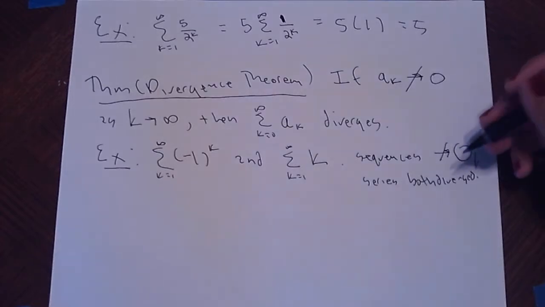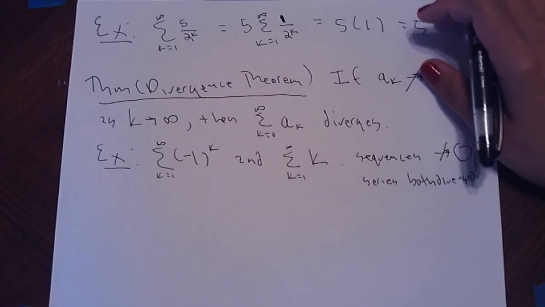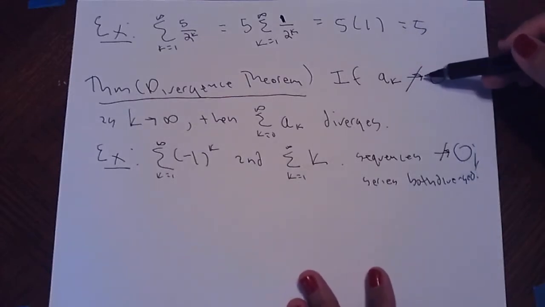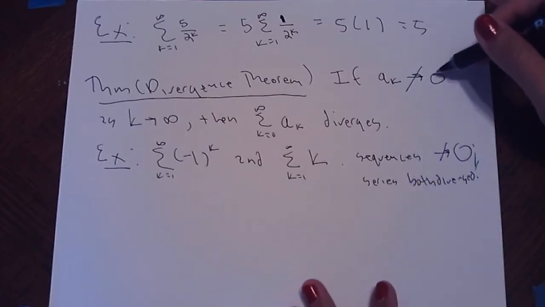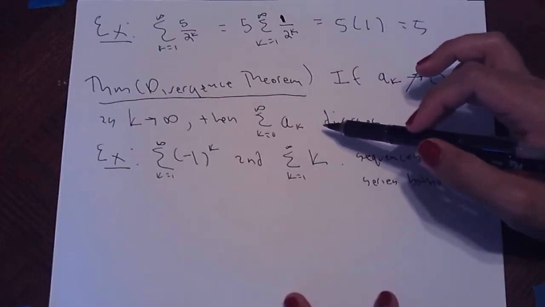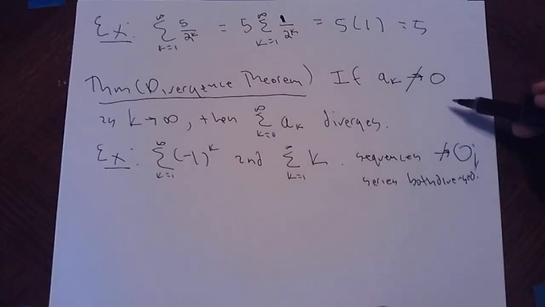And I'll give you a little bit of warning here. If I know that my sequence, so not the sum of the list of terms, just the list itself, doesn't go to 0, this means that the series is going to blow up. You don't necessarily get the converse statement.